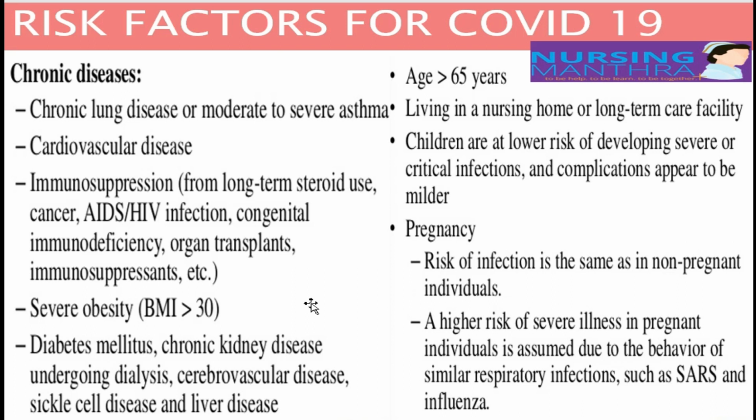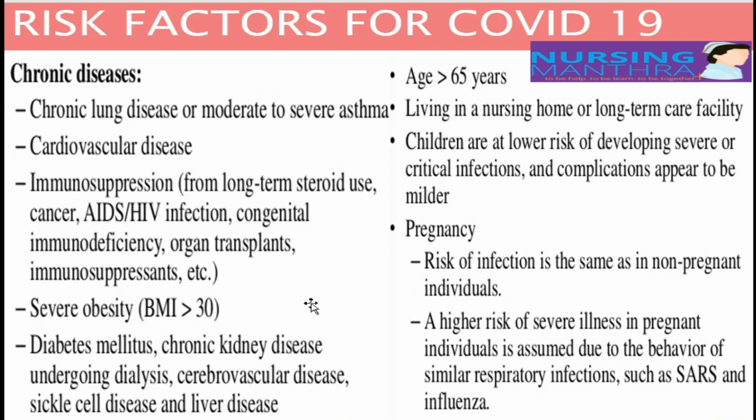Risk factors for COVID-19. Who is at risk? Anyone can be affected by this coronavirus, but some risk factors exist. Those with chronic disease, such as chronic lung disease or moderate to severe asthma, cardiovascular disease, immunosuppression from long-term steroid use, cancer patients, AIDS, HIV infection, congenital immunodeficiency syndromes, and organ transplant patients taking immunosuppressants. Immunosuppression is a risk factor.